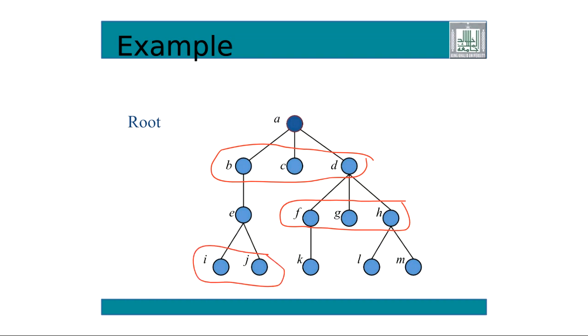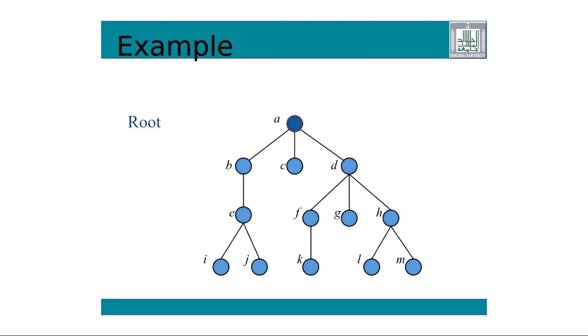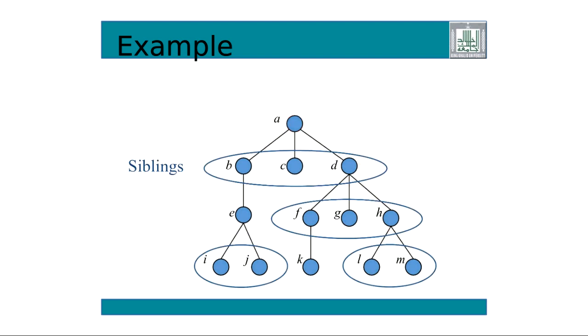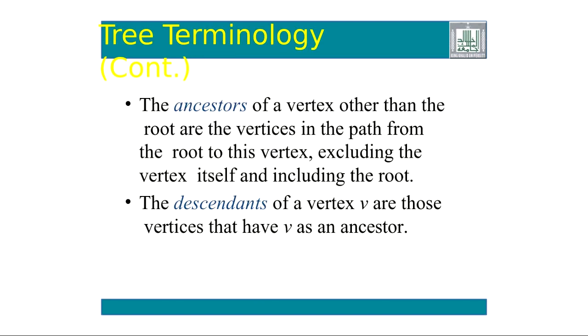This is a parent, a grandparent of these children, and this is a parent of these children. That is how we consider tree terminology. See here, this is siblings, this is siblings, this is siblings.